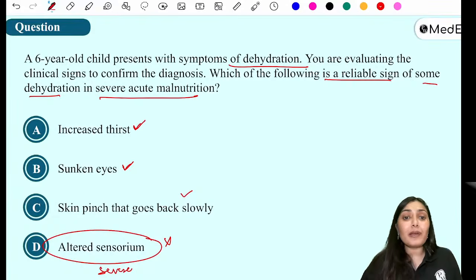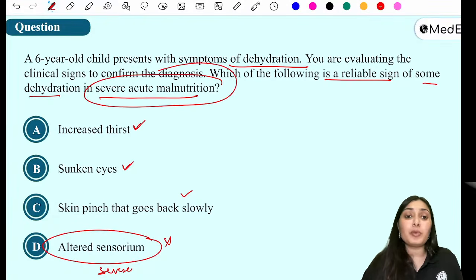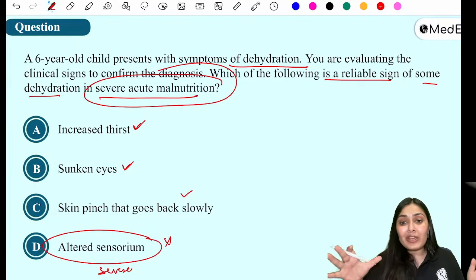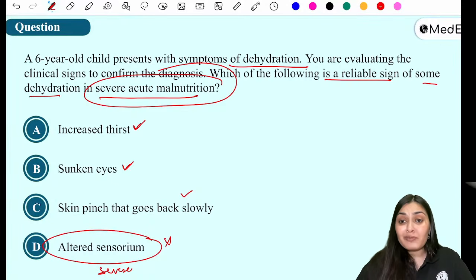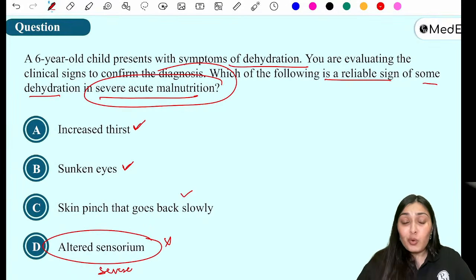Now let's look at the other 3 options. They are asking which of these would be most reliable in SAM. So remember what happens in SAM? SAM is a very malnourished child, severe acute malnutrition, a very wasted child, so no subcutaneous fat whatsoever. So eyes look sunken, right? So sunken eyes won't be a reliable sign over there.